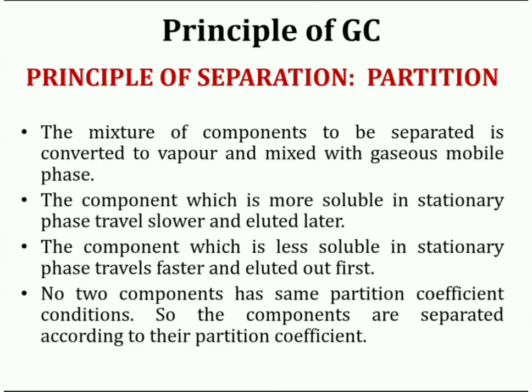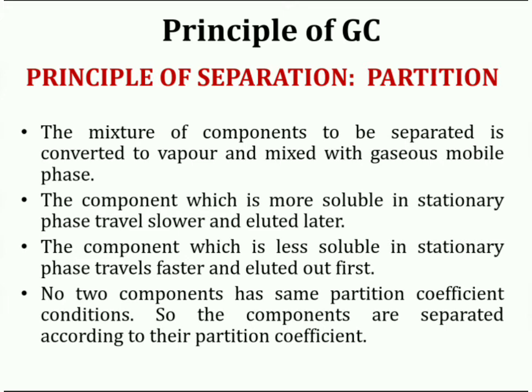In gas chromatography, the mixture of components to be separated are converted to vapor phase and mixed with gaseous mobile phase. The component which is more soluble in stationary phase travels slower and eluted later. The component which is less soluble in stationary phase travels faster and eluted out first.